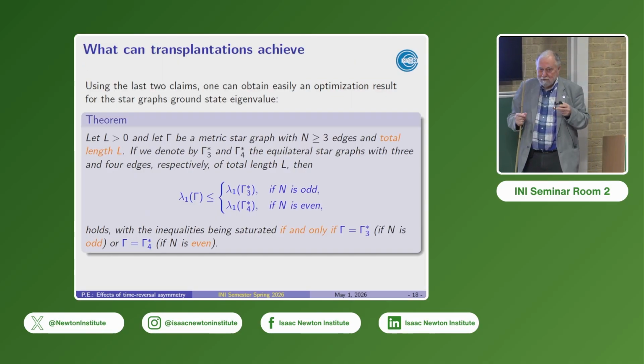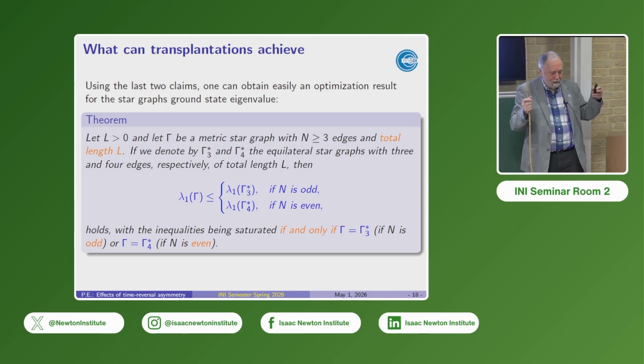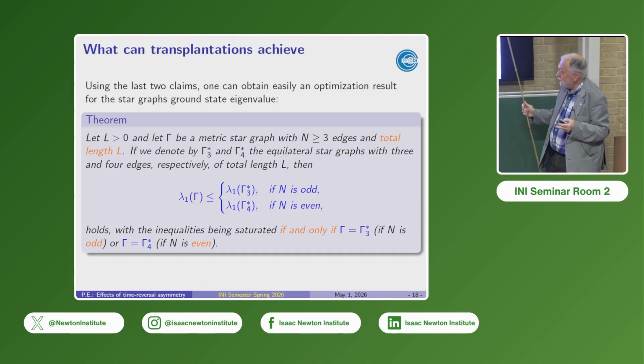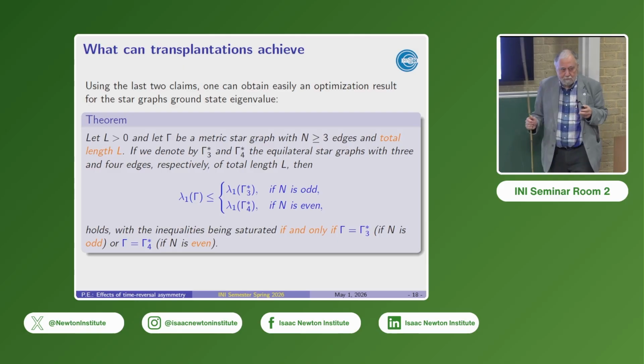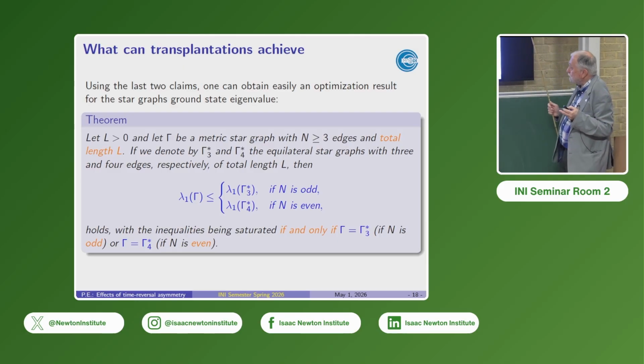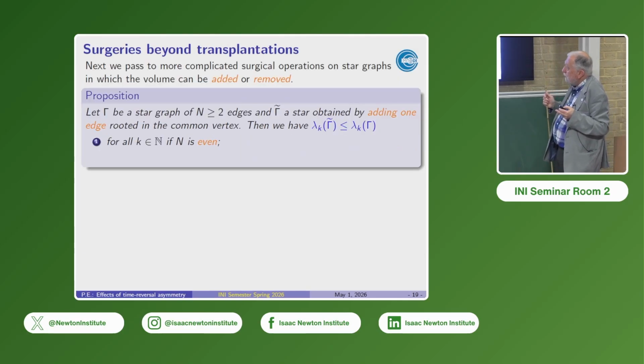Furthermore, if I proceed removing edges in such a way that the length is preserved, I will finally find that the ground state of such a star graph is bounded from above by the 3-star or 4-star graph, depending on whether the original n was odd or even.